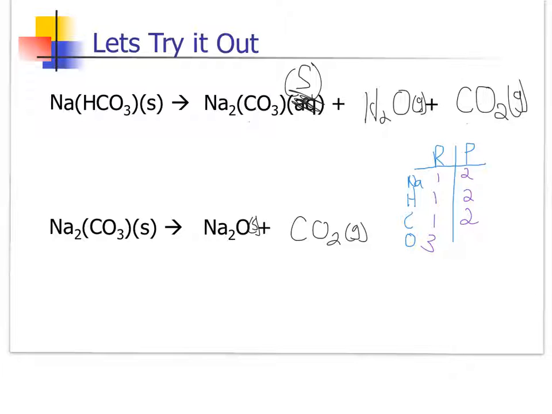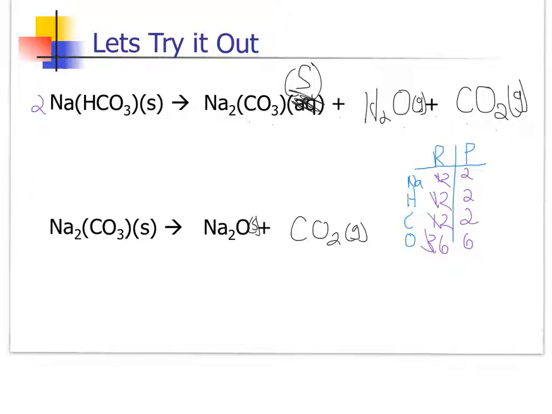I go 3 plus 1 is 4, plus 2 is 6. And so when we need to balance that, I can see that everything on my reactant side requires me to put a 2 in front of it, and therefore it will be completely balanced, as I can see 2, 2, 2, and 6 as we balance that out.